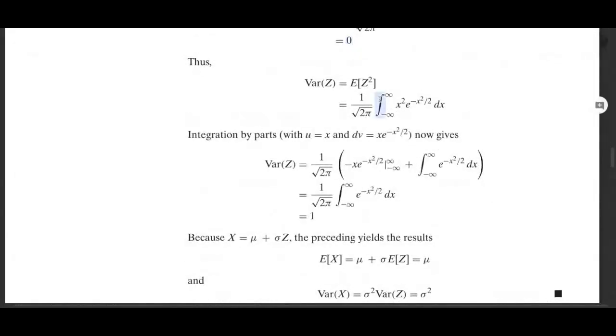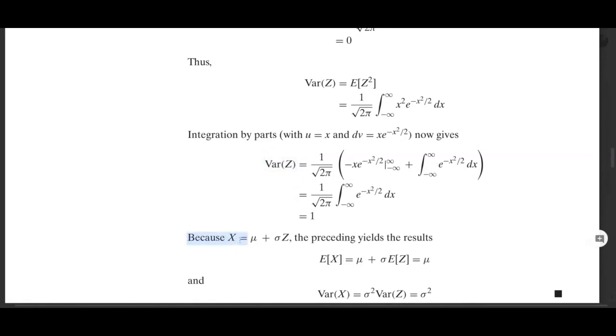So just calculate this, or we need integration by parts. In the end, indeed, we do get 1. So the variance of the standard normal is 1.